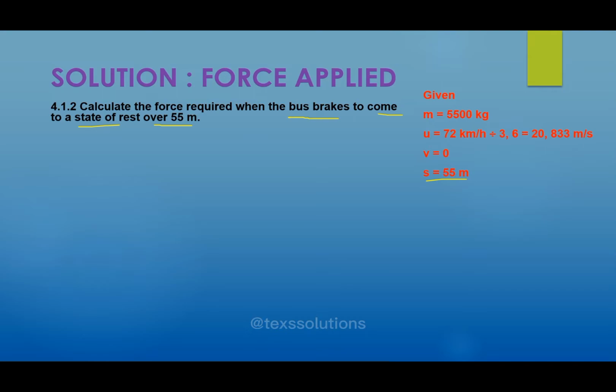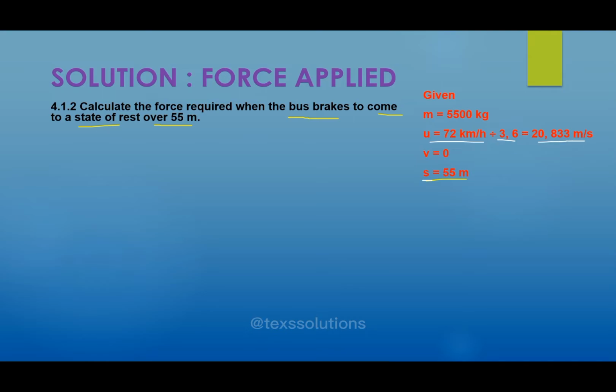So the symbol which we use to represent distance or displacement is S. Number 2, we now find that the bus was initially moving at 72 kilometers per hour. Right, and we said we converted that from kilometers per hour to meters per second because the correct SI unit for velocity is meters per second. We did that by saying 72 divided by 3.6, and we got the velocity as 20.833 meters per second.